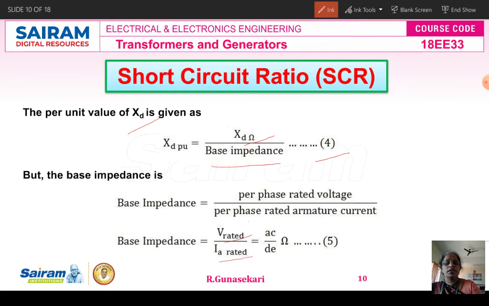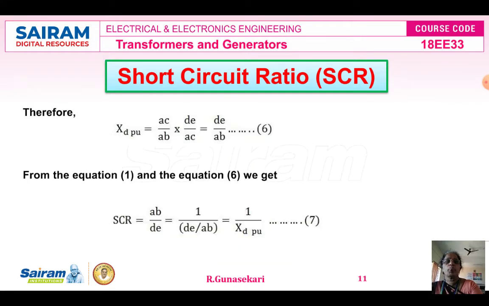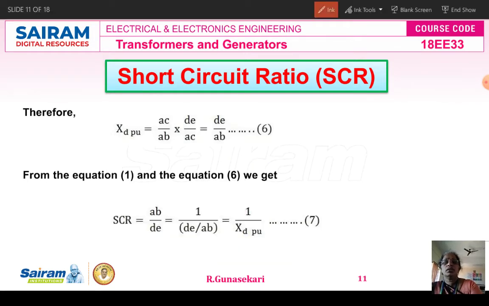From the figure, V rated represents AC and IA rated represents DE, and the unit is ohm. This is equation number 5. Therefore the direct axis synchronous reactance XD in per unit value is AC divided by AB into DE divided by AC. AC cancels, and finally we get DE divided by AB. This is equation number 6.